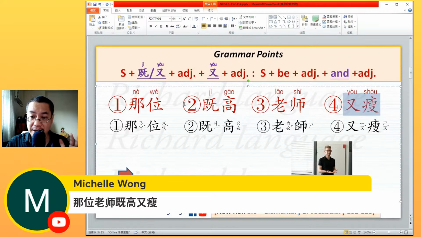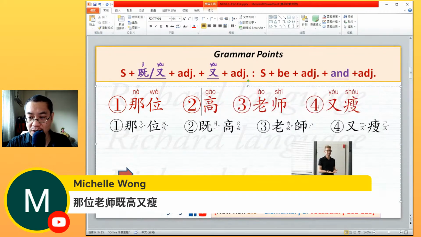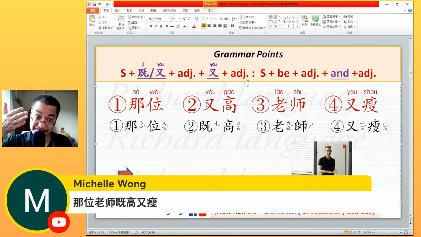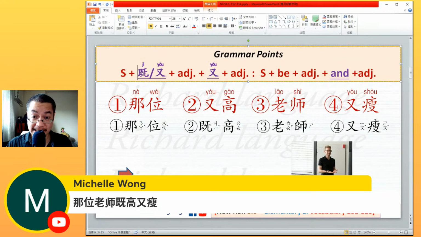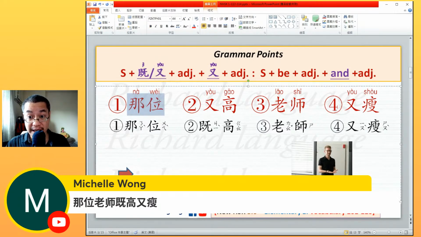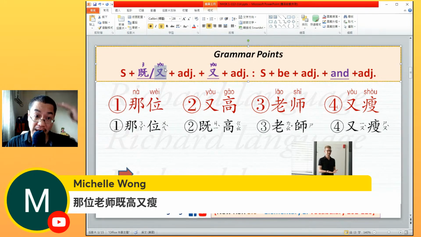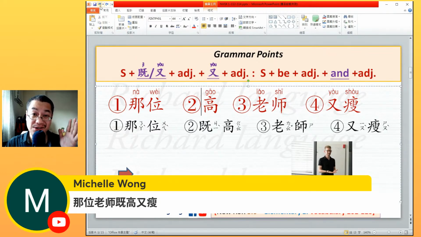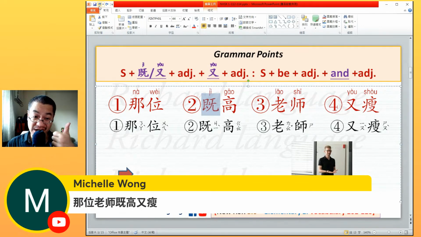Here you can also say 那位老师又高又瘦. It is also correct, because the first 既 you can replace with 又. Or you can use 既高又瘦. Both are good.